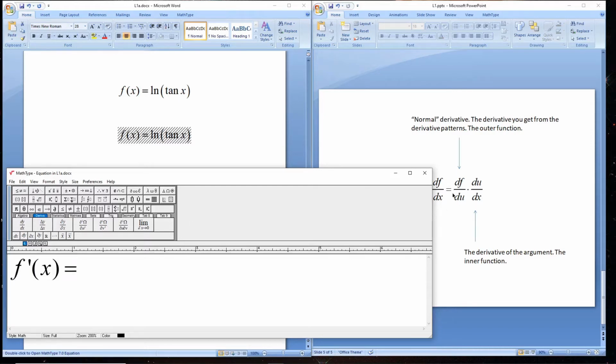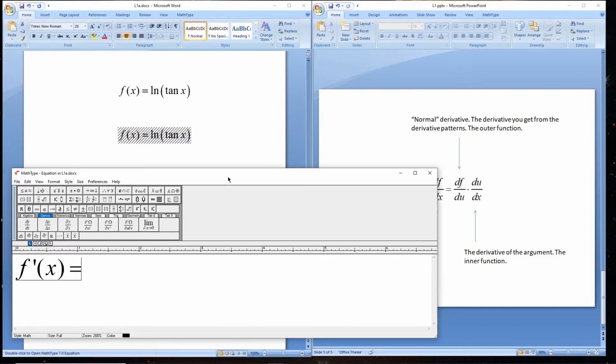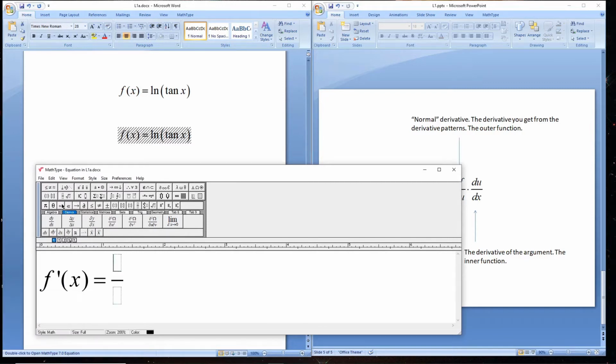So the chain rule says df du, that means take the derivative just like you normally would, straight from the derivative patterns. And what is the derivative of log? Well, the derivative of log is 1 over x, but we don't have x here, we have tangent x. And so the straight up derivative, the normal derivative right from the derivative patterns for log is just 1 over the argument, 1 over tangent x.